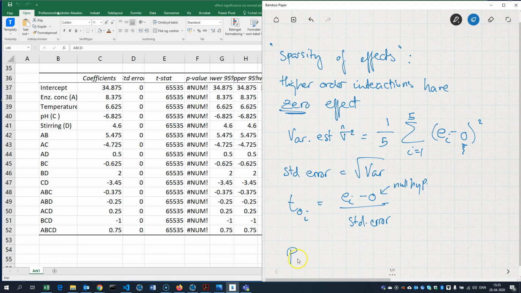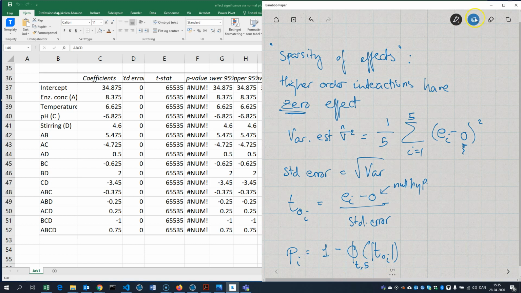And then we can compute the p-value for each effect here, which would be just like the normal p-value for t tests: 1 minus the cumulative t distribution with 5 degrees of freedom evaluated at the absolute value of the test statistic.